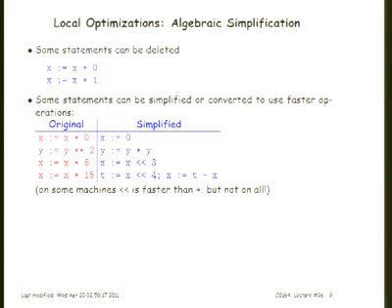All right, let's get started again. Okay, so let's go through an overview of some classic local optimizations. Some of these will also turn out to be globalizable, but let's introduce the terminology now.